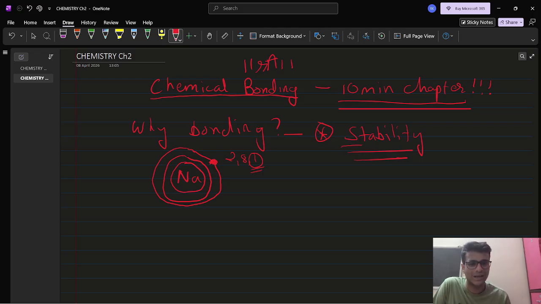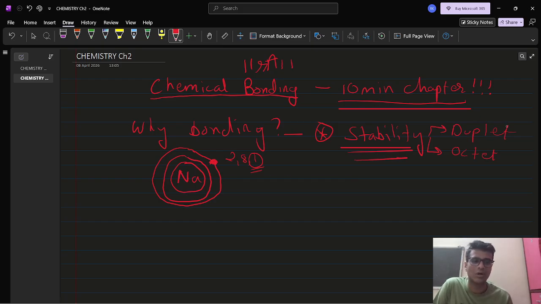Now when does an atom get stability? Is when either the duplet rule is satisfied or the octet rule is satisfied, which you may have come across in the lower standards. So what is duplet rule? Duplet rule means two electrons in the valence shell.